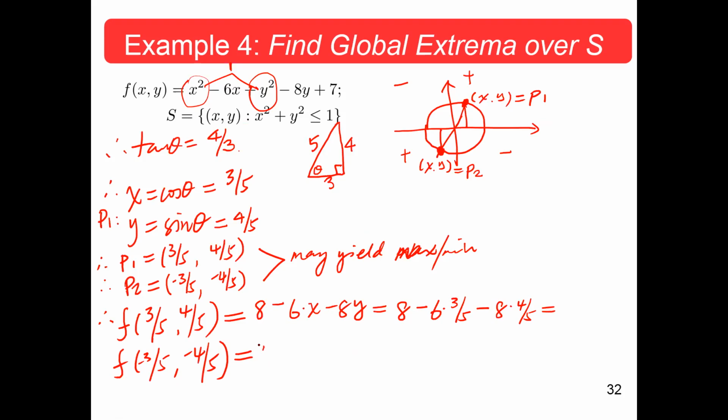Same for the second one, we should have 8 minus 6x minus 8y. That is 8 minus 6 times -3/5 minus 8 times -4/5. You guys calculate these 2 function values and let's make a conclusion later on. Where would the function have the absolute max and absolute min?